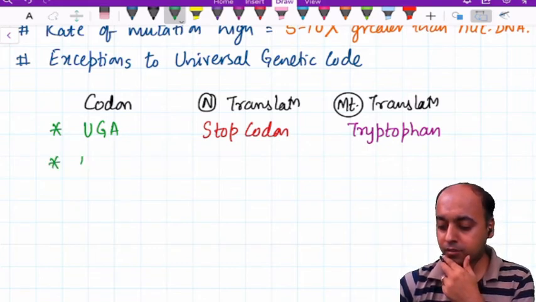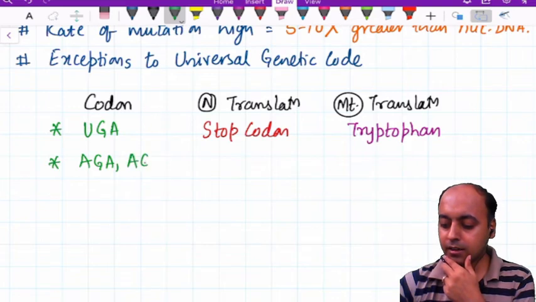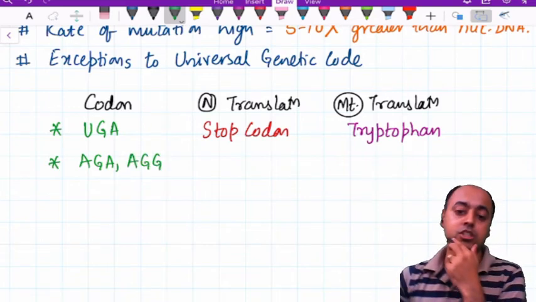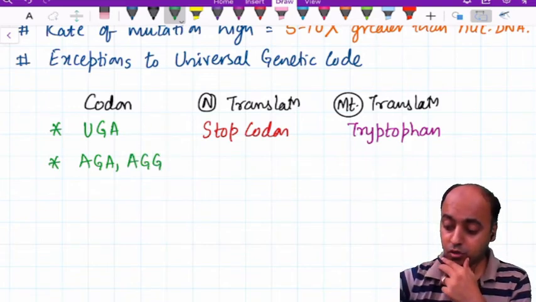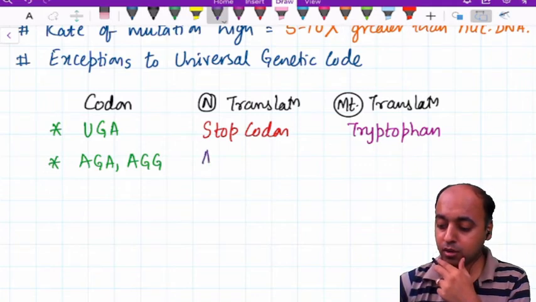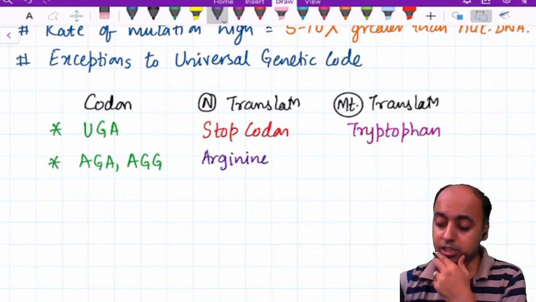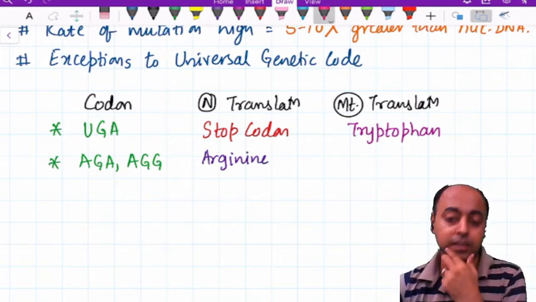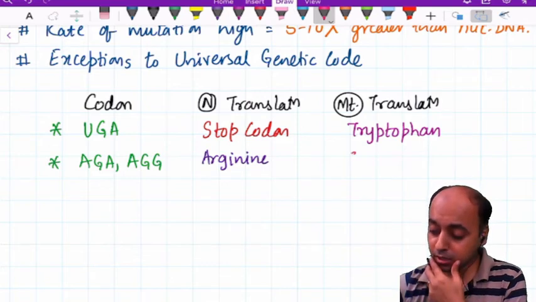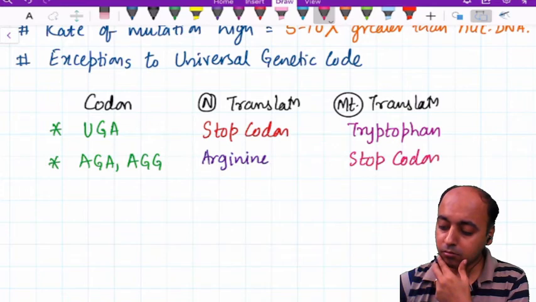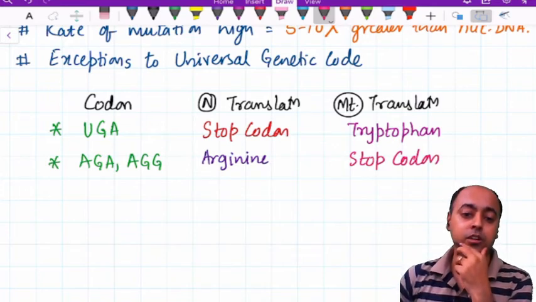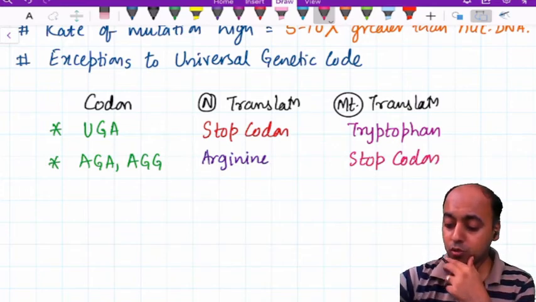Then we have AGA and AGG. Normally, they code for arginine. But in mitochondria, they work as stop codons.